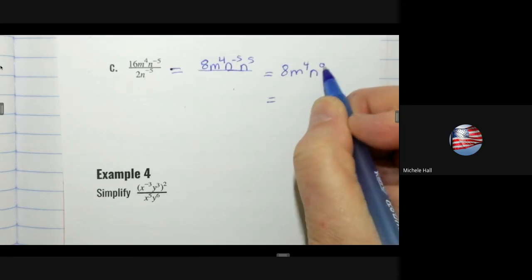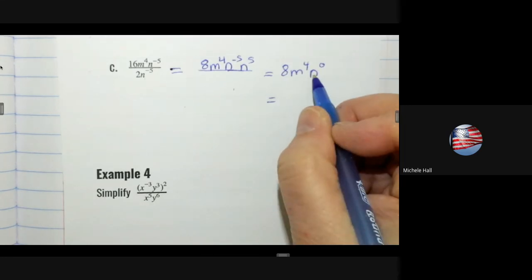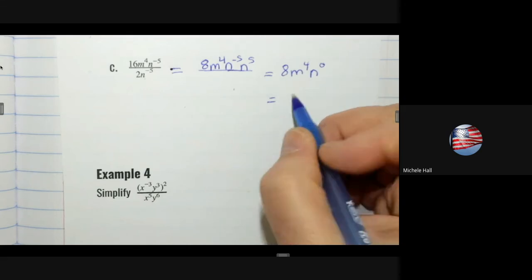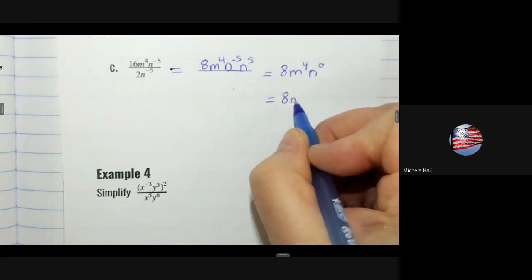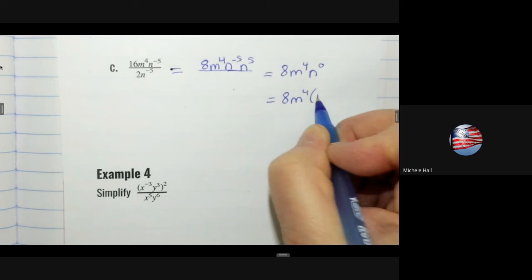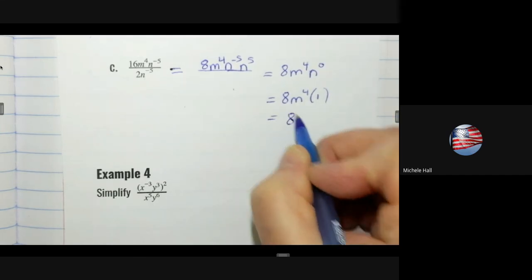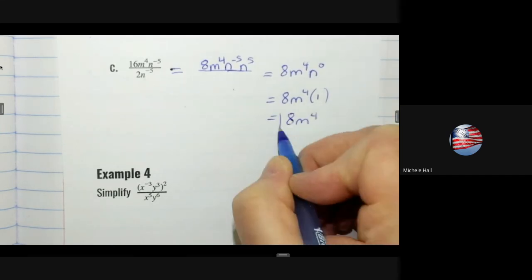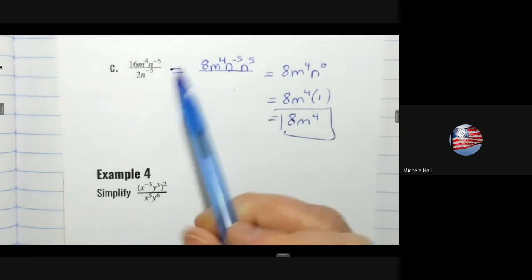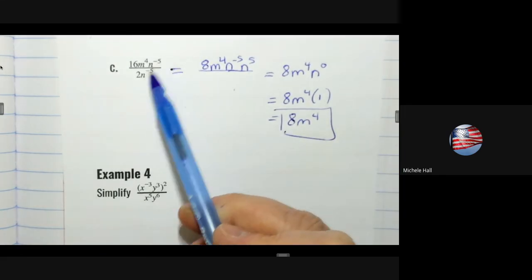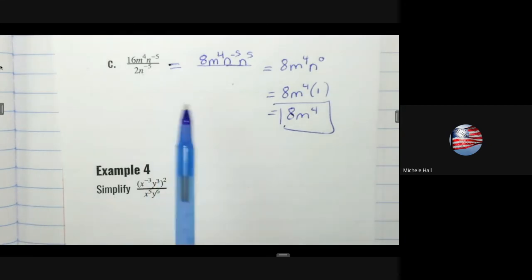Anything to the 0 power is 1. So that's 1 times 8 times m to the 4th. Eight m to the 4th. And again, I could have just canceled them here. Anything over itself is going to cancel, but I wanted to show you some things that you might run into in the homework.